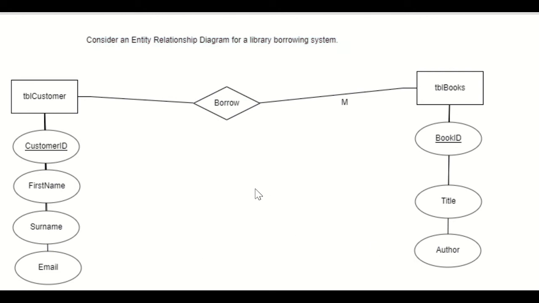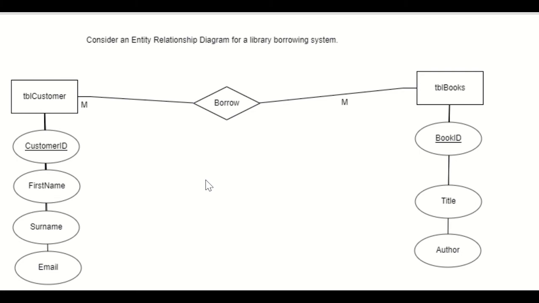What about going the other way? If we have a book, many customers can borrow that book. So we've also got a many on this side as well. So effectively, we have a many to many relationship, because many customers can borrow many books and many books can be borrowed by many customers.